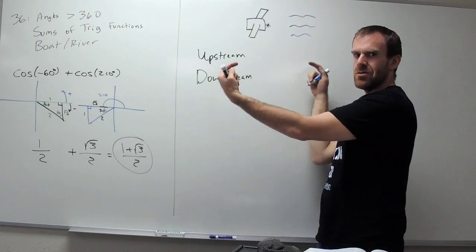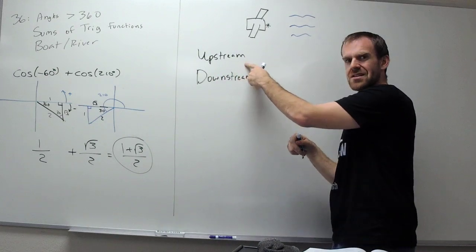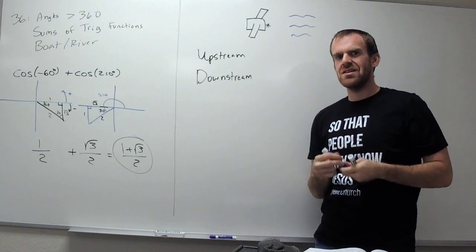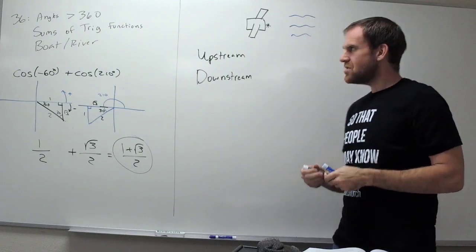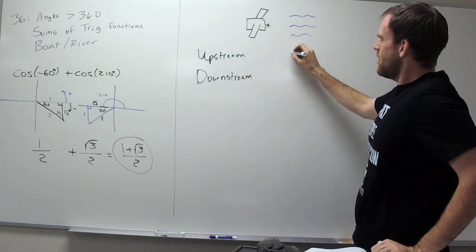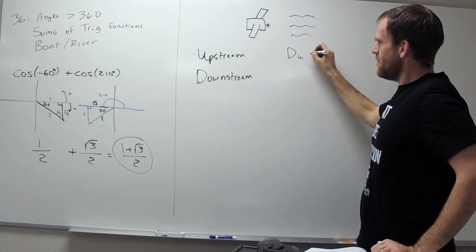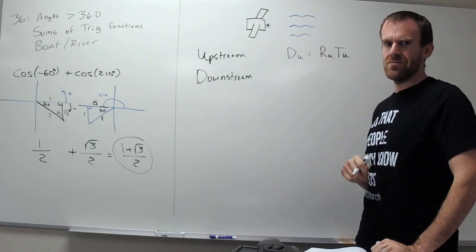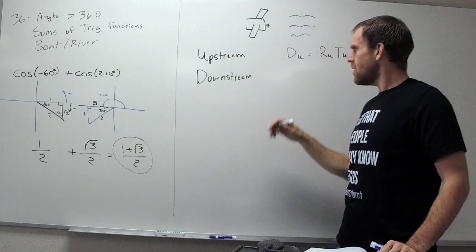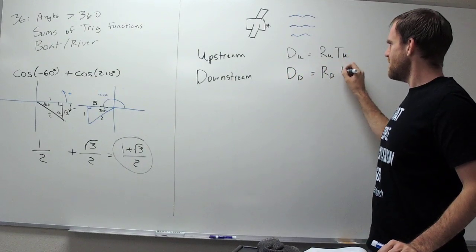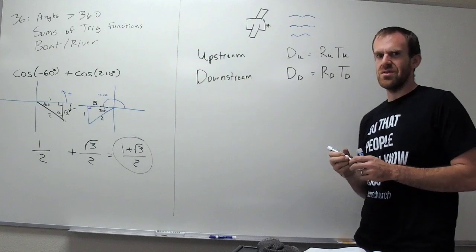So if the boat and the wind are going in the opposite direction, it's still upstream. If the boat and the wind are going in the same direction, it's downstream. So what equations are we going to need for these problems? Well, the distance upstream is the rate upstream times the time upstream. Are we surprised? No. The distance downstream is the rate downstream times the time downstream.